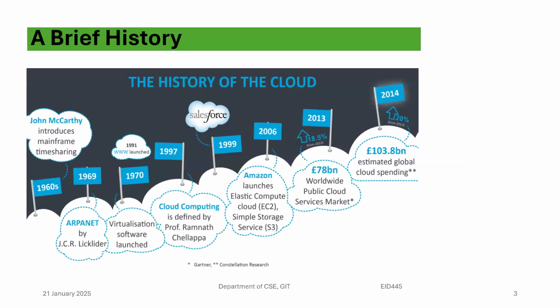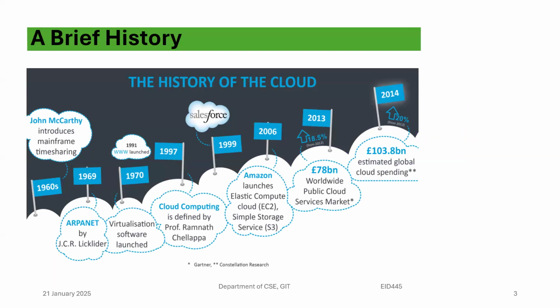So if we see the history of the cloud, right from the generations: initially ARPANET came into the picture in 1969, and then the virtualization concept in 1970. Cloud computing was first defined by Professor Ramnath Chellappa in 1997.